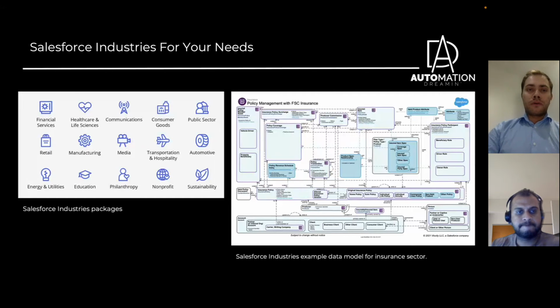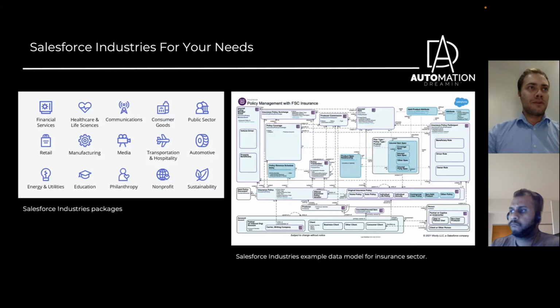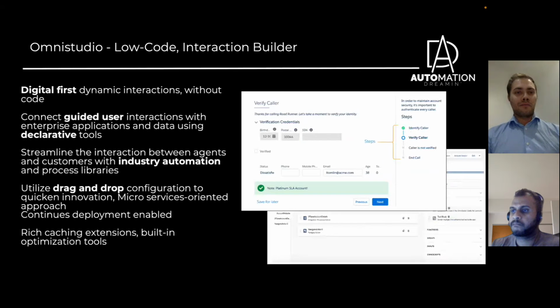So I will move on further next to what actually is Omnistudio, because that's actually the title of the presentation. Omnistudio is part of Salesforce Industries. It's a low code interaction builder that provides you the tools to interact with the end user.